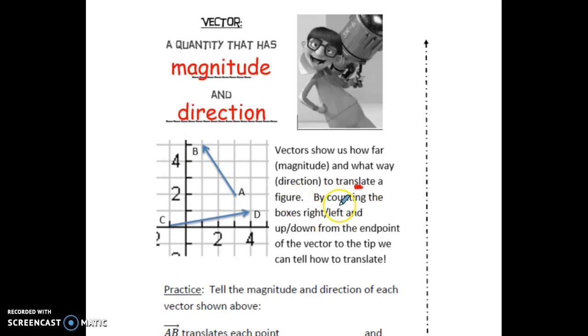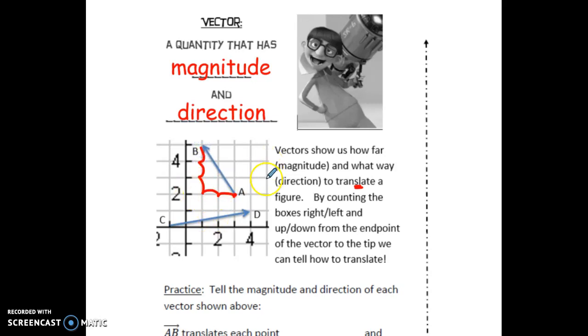And what you do is you count the boxes right or left and up or down from the endpoint. So every vector is going to have an arrow telling you which direction it goes in, and it's going to have an endpoint. So vector AB has an endpoint right here, where there's no arrow, and we can see that it's going in that direction, meaning it's going to the right, but it's also pointing up.